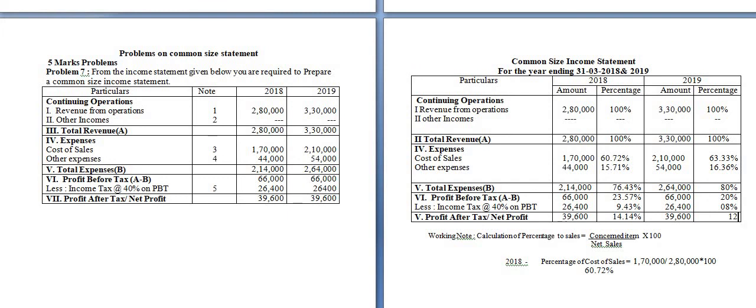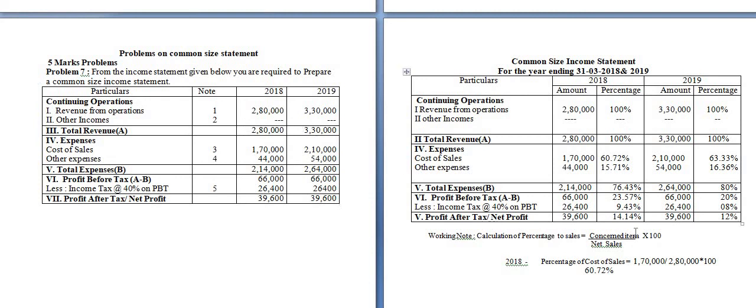Okay, I hope you have understood the calculation of percentage. The formula is very simple: the item divided by net sales into 100. For 2018, here we have calculated the percentage of cost of sales. The amount of cost of sales is 1,70,000 and sales is 2,80,000.